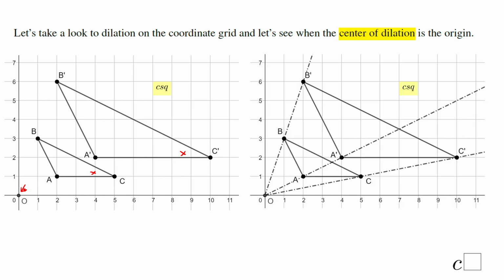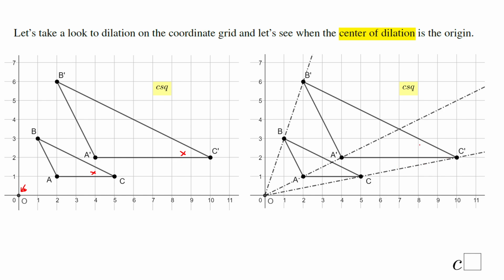And on this next figure, you can see something else that sometimes is very useful. You can see this ray OB prime or OB, either way you can call it, it is not a problem. We see all these points are collinear, OB and B prime. The same for OA and A prime, and OC and C prime.